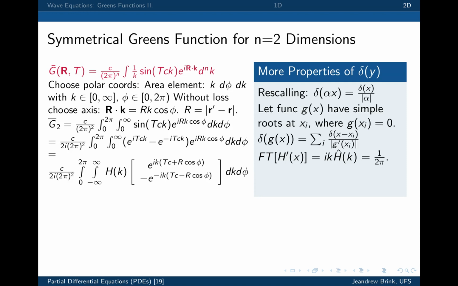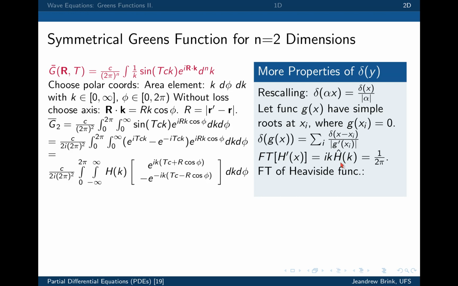The thing is now, if you want the Fourier transform of h of k, it's basically 1 over 2 pi over ik, and that will be true everywhere except where k is equal to 0.